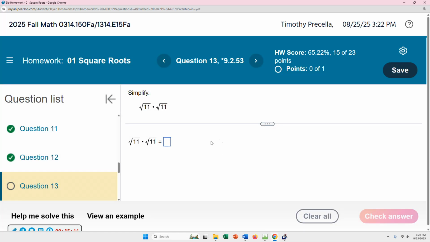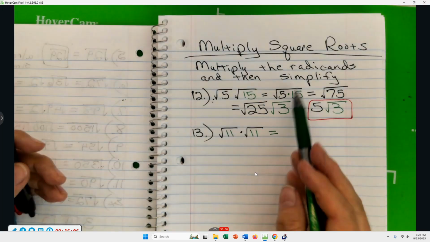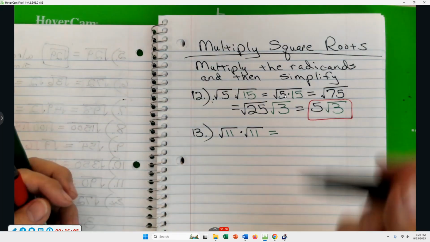Okay, number 13. Number 13 is trying to illustrate an important concept here. We have the square root of 11 times the square root of 11. By my method, here's my square root.